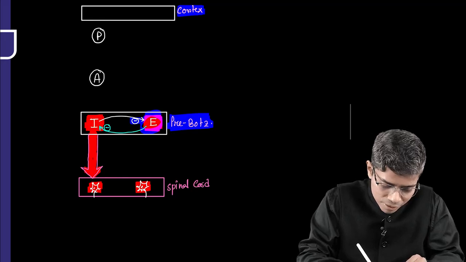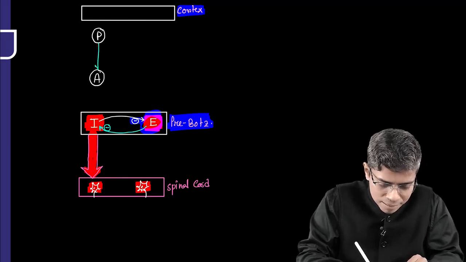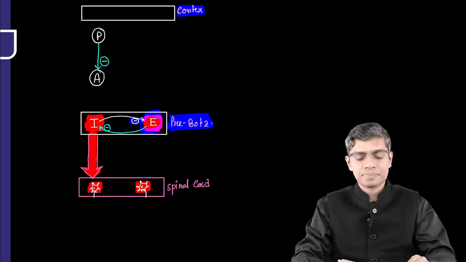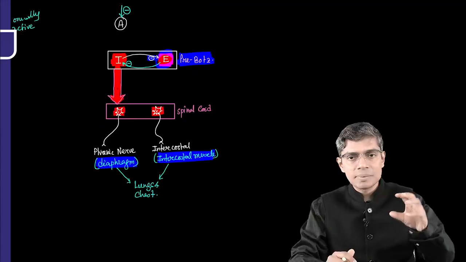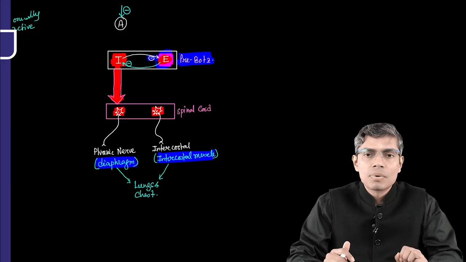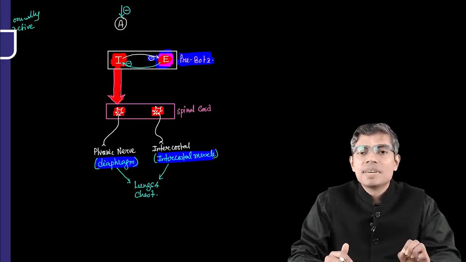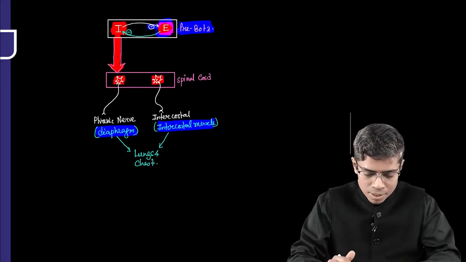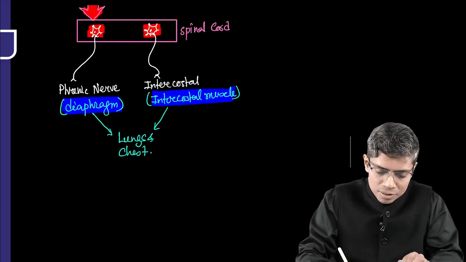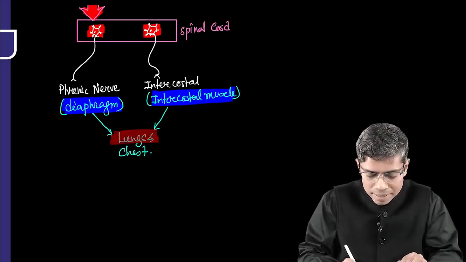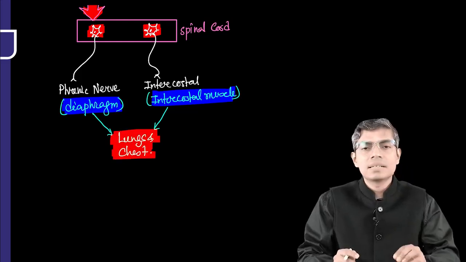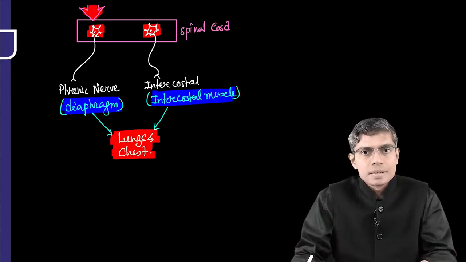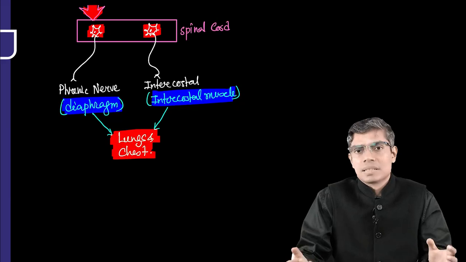So who are they? First, the pneumotaxic center has inhibitory control on this apneustic center, and there is another inhibitory control on this apneustic center. And what is that? That is through the vagus nerve. Where is the vagus coming from? Look at this, whenever your lungs and chest wall are expanding, you know that there are certain stretch receptors at the level of the lungs, at the level of the smooth muscles of the lungs.